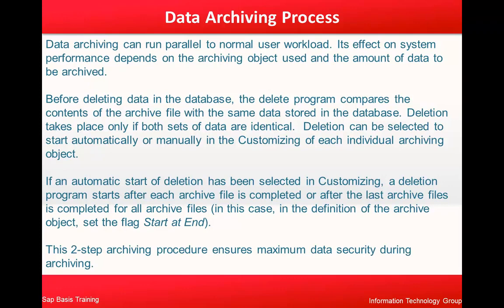Before deleting data in the database, the delete program compares the contents of the archive files with the same data stored in the database. Deletion takes place only if both sets of data are identical. The confirmation is very important, to make sure that we have it fully written in the files before we trigger the deletion.